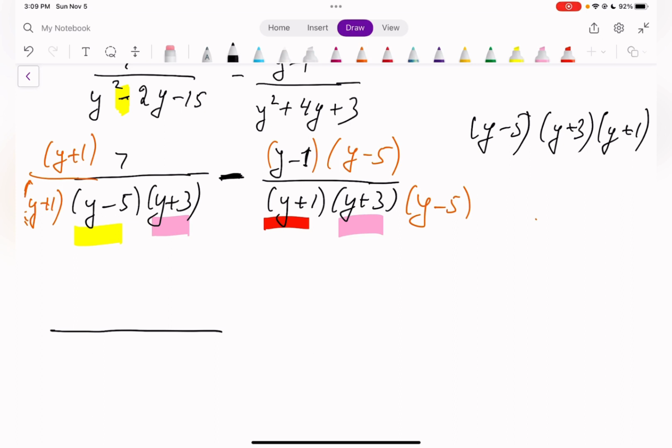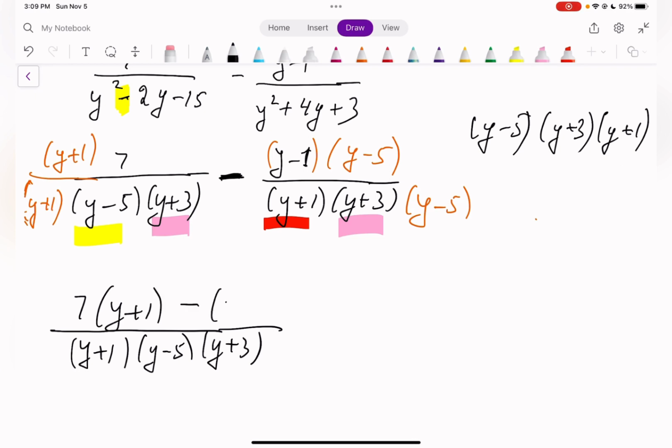Okay, let's rewrite. So we have the denominator the same, right? Now y plus 1, y minus 5, and y plus 3. And in the numerator we have 7 times y plus 1. And look what's happening. Minus y minus 1, y minus 5. So the negative sign in front of the fraction is becoming a negative sign in front of parentheses.